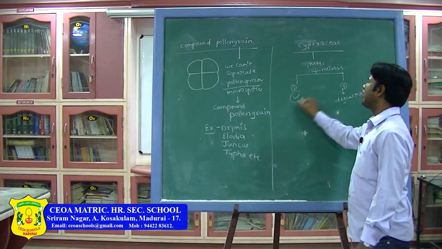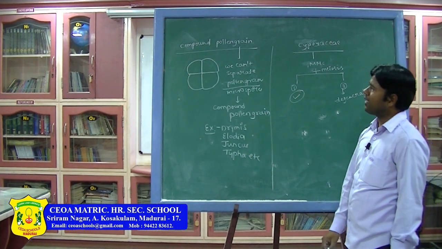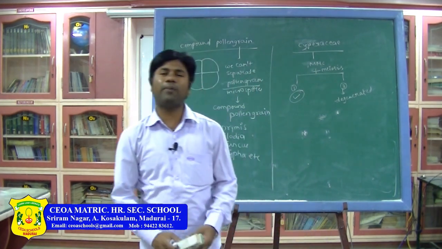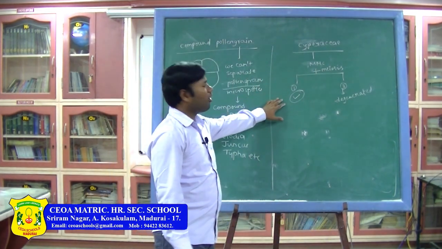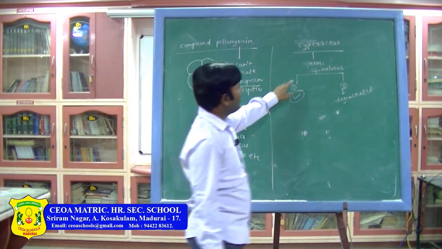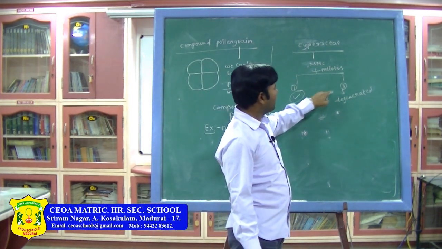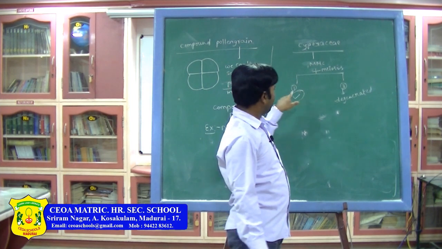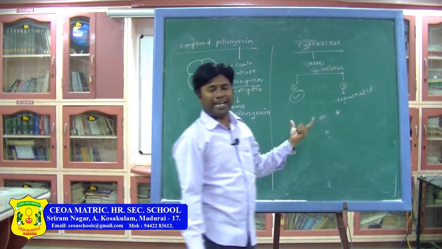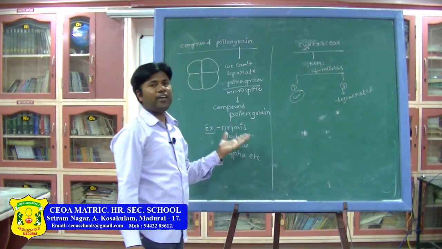This one only is the functional one. But normally in all living beings, in plants, when you observe, 4 will be functional. But in the Cyperaceae family, what happens? Out of the 4 cells, 3 will be degenerated, 1 will be functional. It is quite the opposite of the normal characteristics.